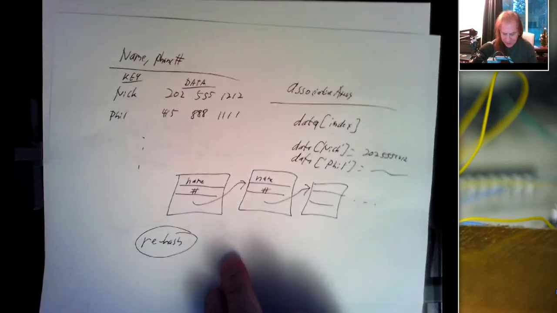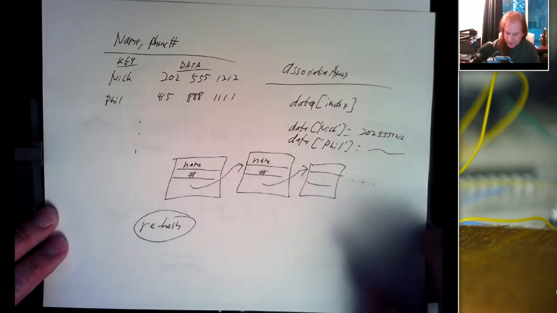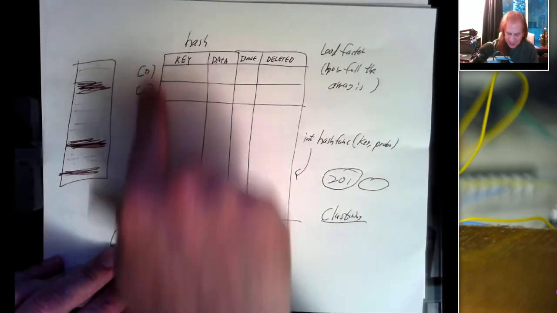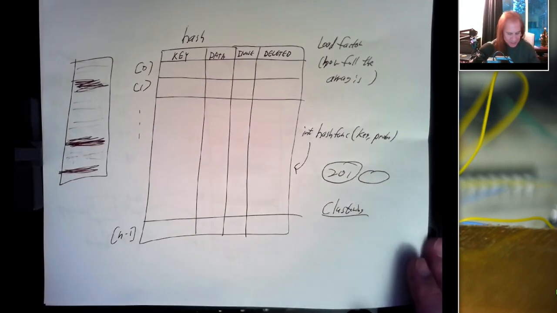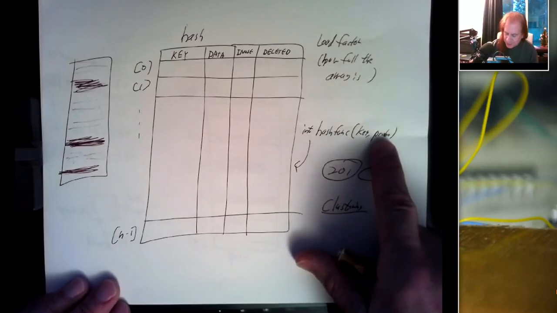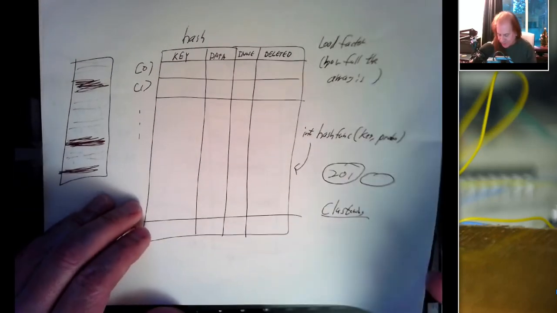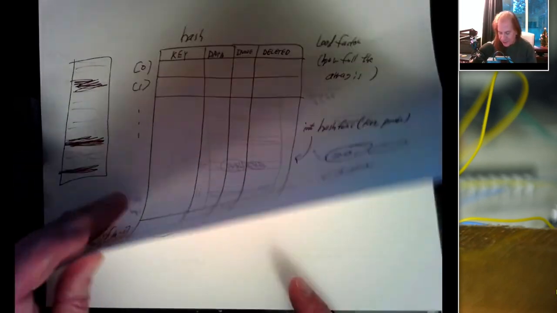Implementation wise, we can implement with chaining, where we use our hash function to pick one of a number of linked lists, or with probing, where we use our hash function to pick an index, and if we get a collision, we rehash multiple times. So our hash function takes a probe value or an attempt number, and we can use that to eventually find a spot in our array where we can store our data.